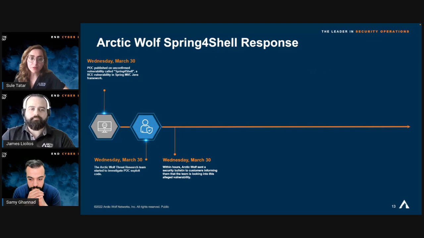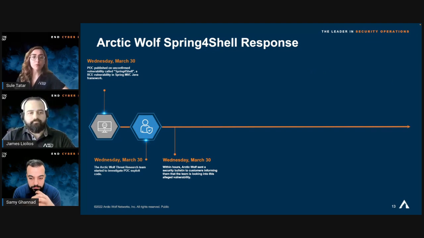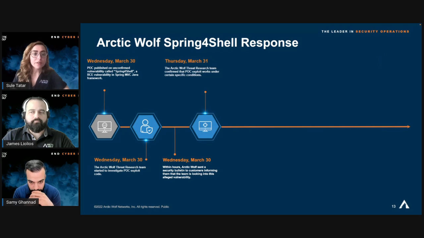Within hours, Arctic Wolf sent a security bulletin to customers, informing them that our team is looking into this alleged vulnerability, because at that time it wasn't confirmed, but we were already looking at the POC code. After that, on March 31st, Arctic Wolf's threat research team confirmed that the POC exploit works under certain specific conditions that Sam just walked you through.